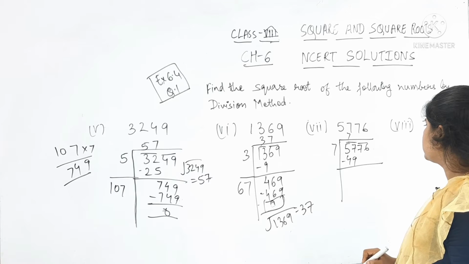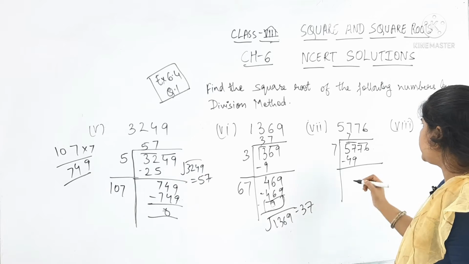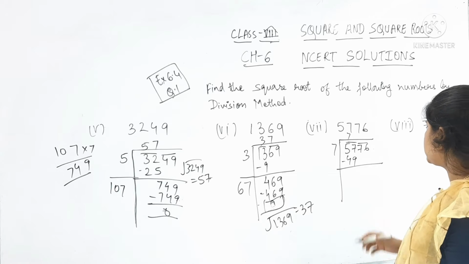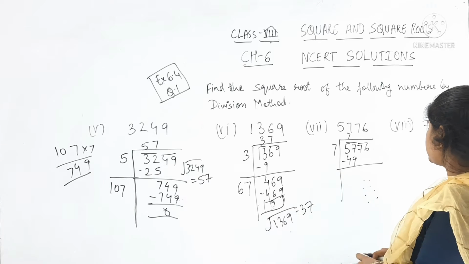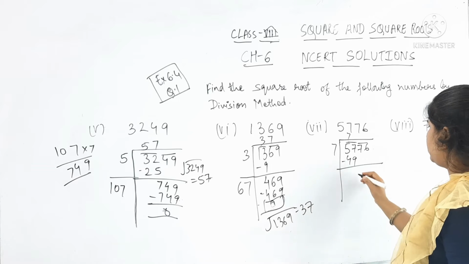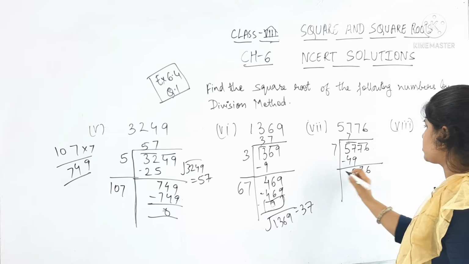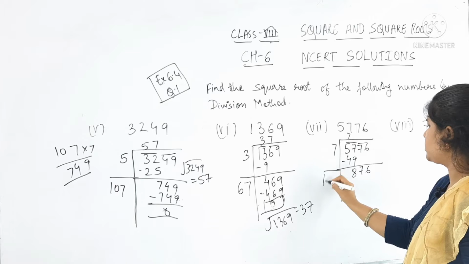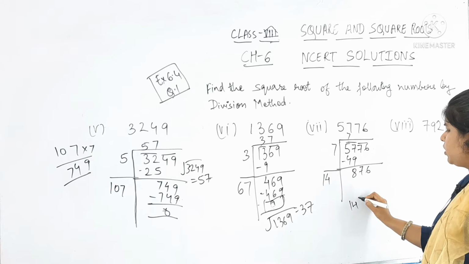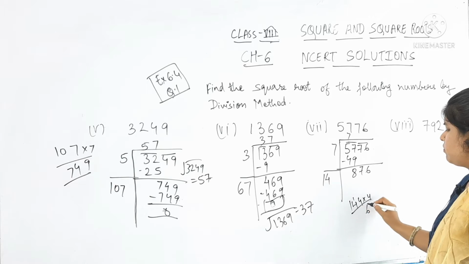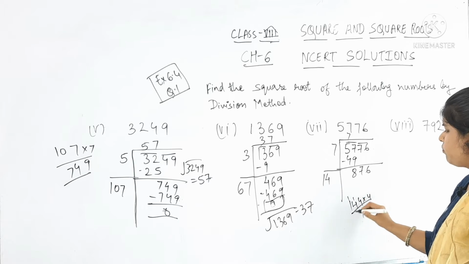So here 17 minus 9, that is 8. 8, 76. Okay. 7 plus 7 is 14. 144 into 4. 4 4s are 16. 4 16, 17. 4 1s are 4, 5.